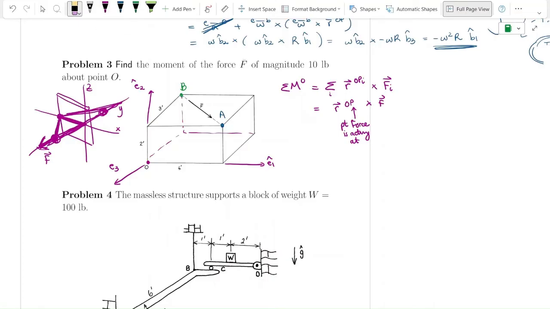Okay, so if I use point A, the expression for the moment about point O becomes the position vector from O to A crossed with the force. So what is the position vector from O to A?